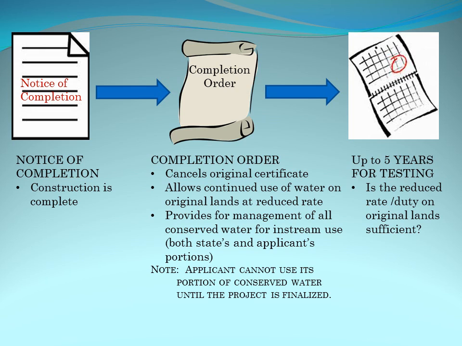Once the project is complete, then the applicant files a notice of completion. The completion order cancels the original certificate, allows the continued use of water on the original lands at a reduced rate, and provides for the management of all water conserved for in-stream use, both the state's portion and the applicant's portion.